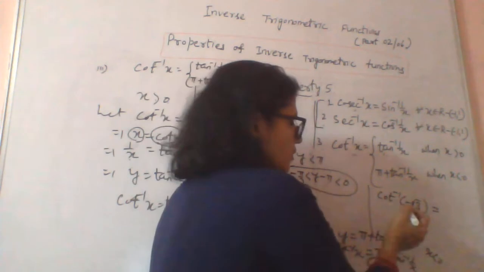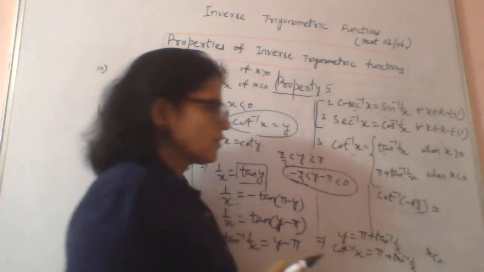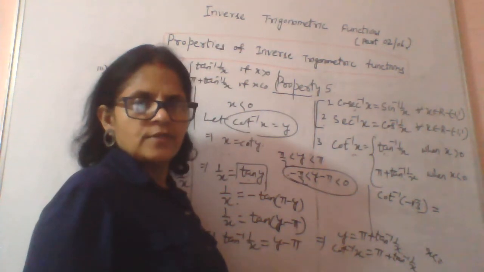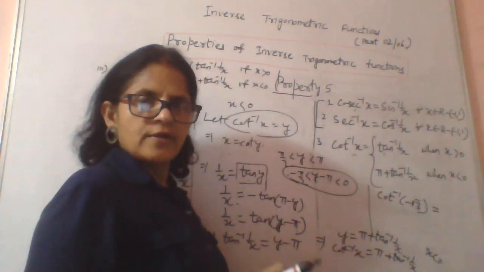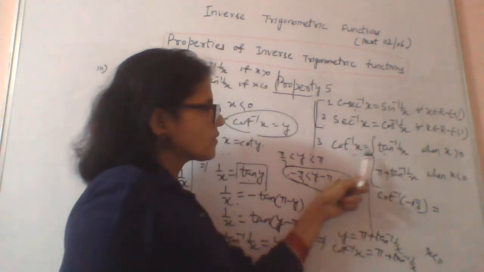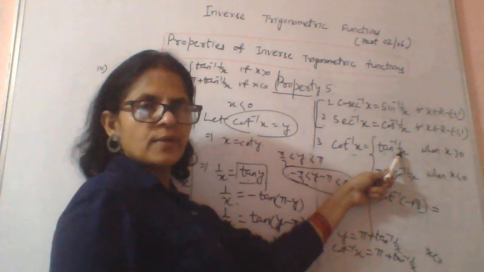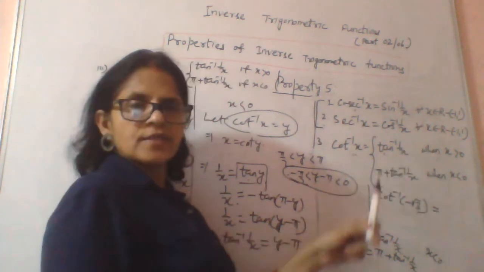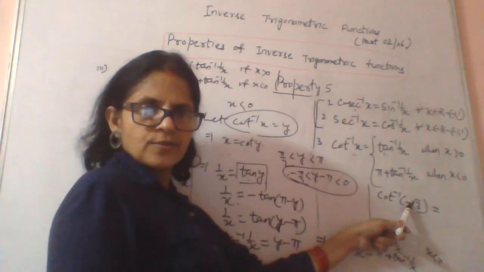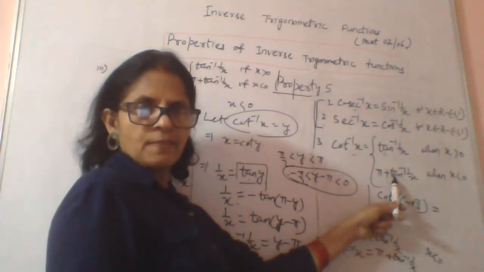The common mistake children make is to write tan inverse of minus 1 by root 3. It should not be that, because cot inverse x equals tan inverse 1 by x only when x is greater than 0. Here minus root 3 is less than 0, so this condition will be applied.